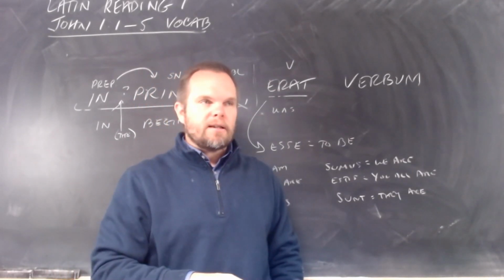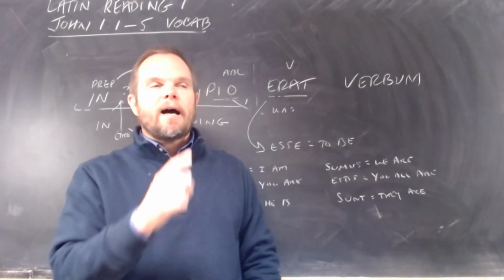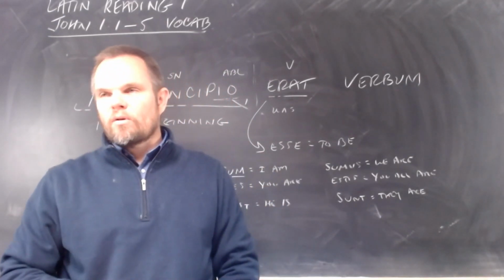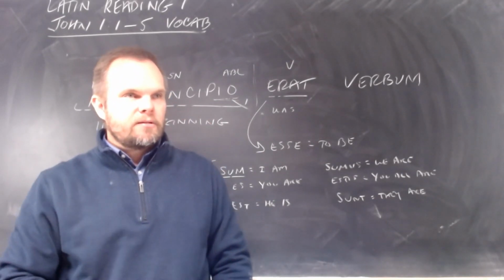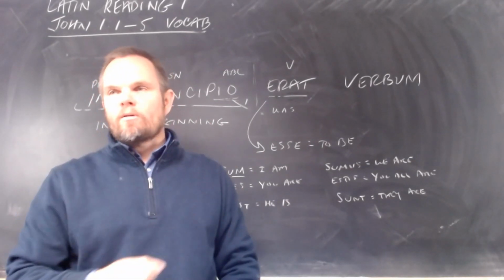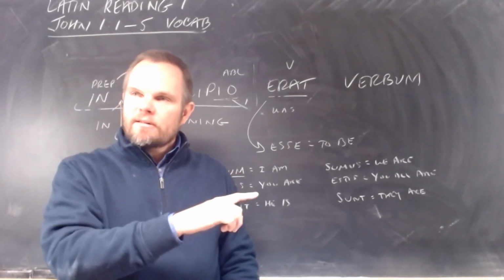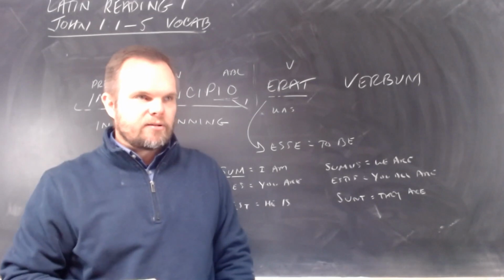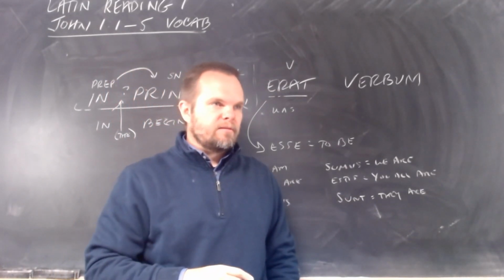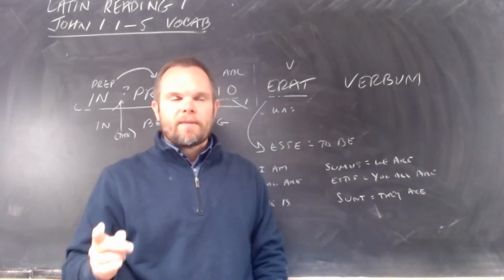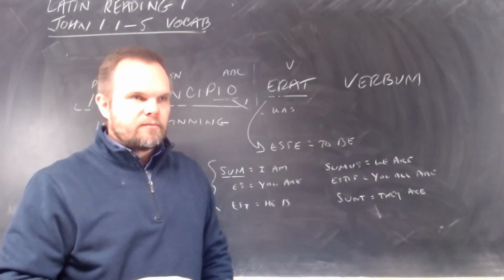Perfect means complete. So if I say, in 1993, I graduated high school. I graduated high school. Is that past tense? Is that complete or incomplete? It's complete. That's a different tense. That's called the perfect tense. It's a past complete idea. The imperfect is a past idea that's not necessarily complete.